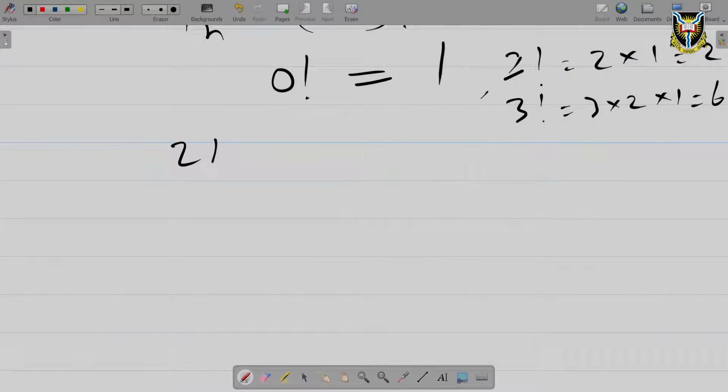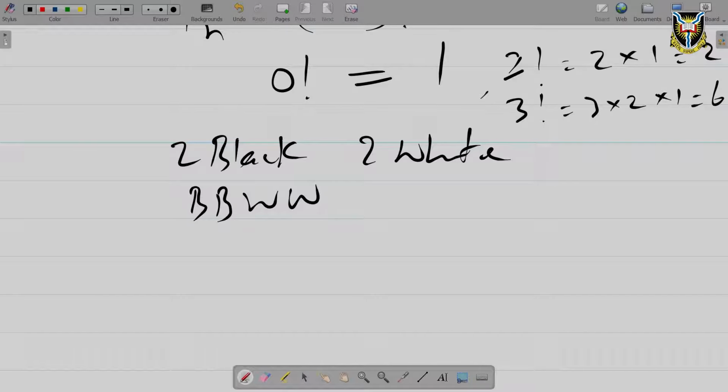Let's assume that we have 4 balls, 2 black and 2 white. Our interest is to know how many arrangements are possible here. Okay? Now, with these combinations that we have, the possible arrangement that we can have here is black, black, white, white.